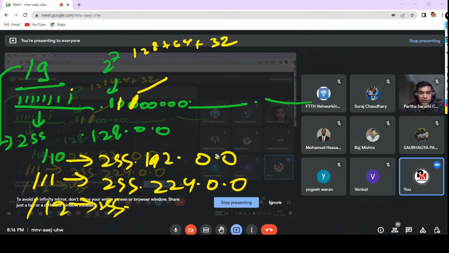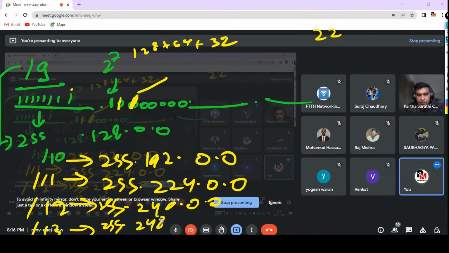For /12, 224 plus 16 is 240, so 255.240.0.0. For /13, 255.248.0.0. For /14, 255.252.0.0.